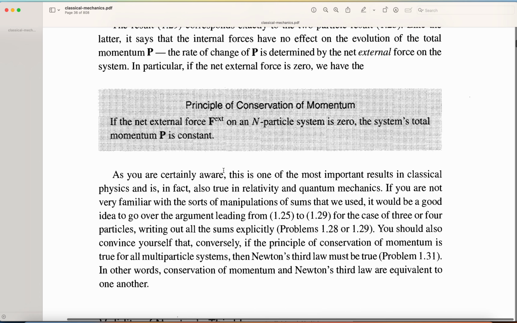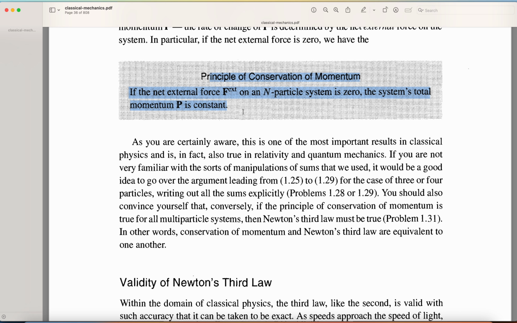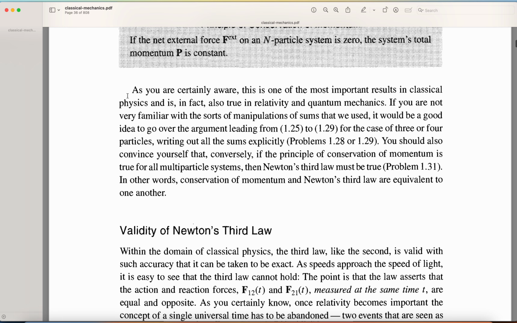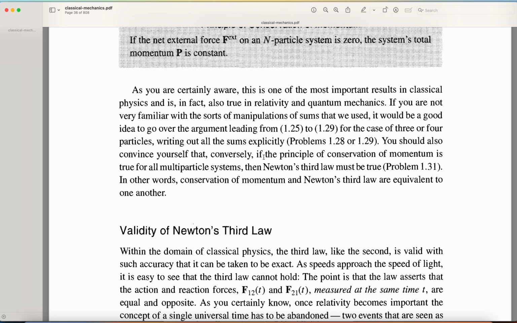Principle of conservation of momentum: the derivative is 0, the momentum is constant. That makes sense. Apparently this is one of the most important results. It doesn't seem too difficult to understand, but perhaps there's more understanding that comes from relativity or quantum mechanics.